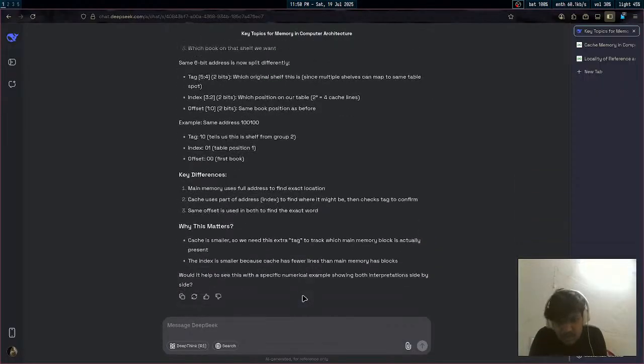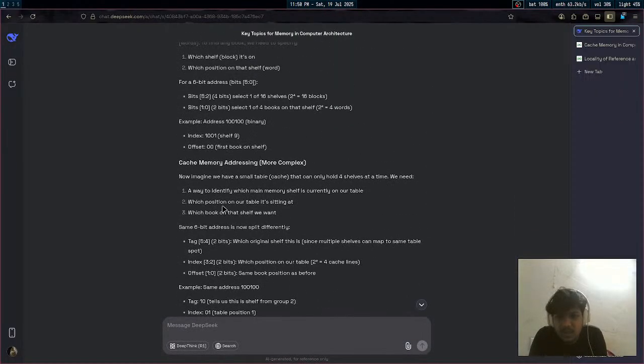Again, this does not really make any sense to me. If you're looking for this specific address, will the first two bits of this address tell whether this address is present in our cache or not?